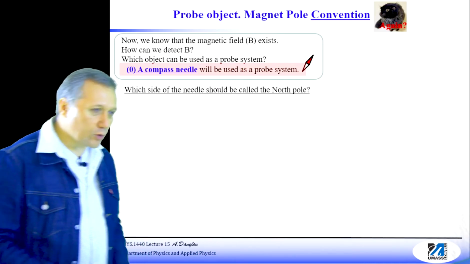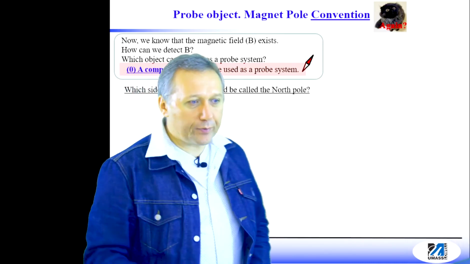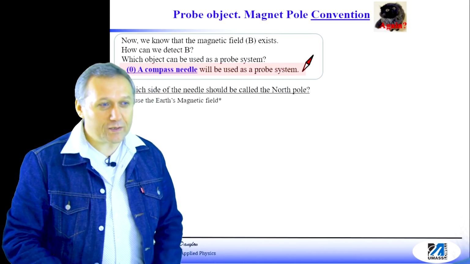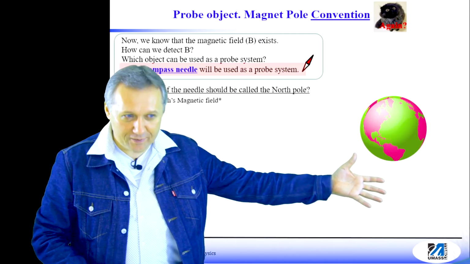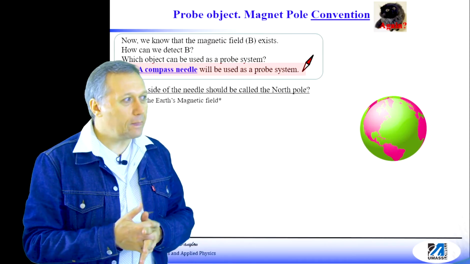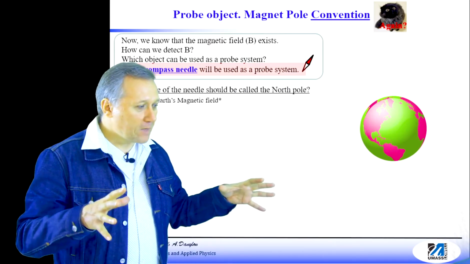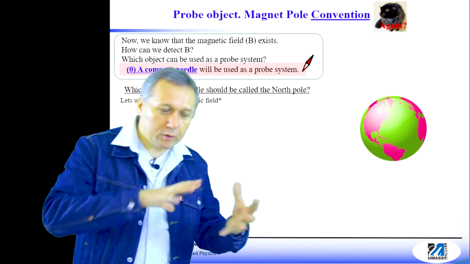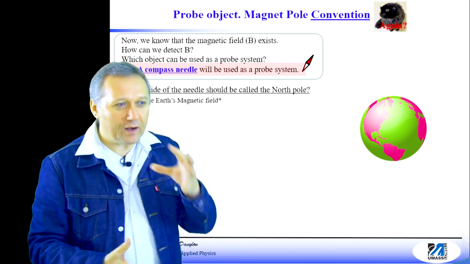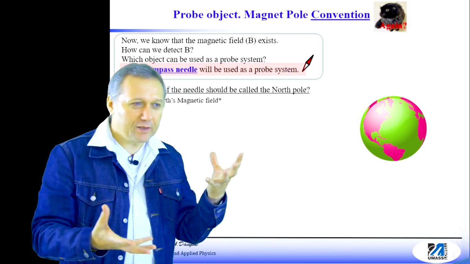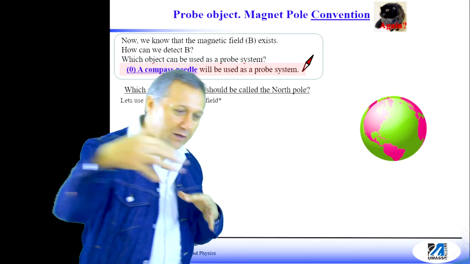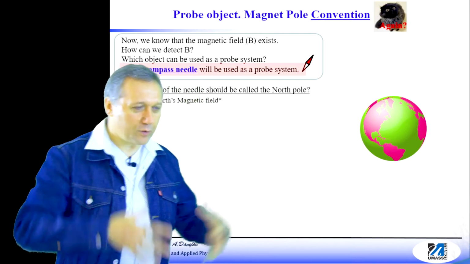In order to introduce this convention, let's bring the Earth into this game. We all know that the Earth has its own magnetic field. And if you ask what's the reason for that magnetic field, most likely inside the Earth there is a molten iron core, some liquidy stuff, full of charges. And that liquidy stuff most likely has inside some currents, gigantic currents, like the Gulf Stream in the ocean.